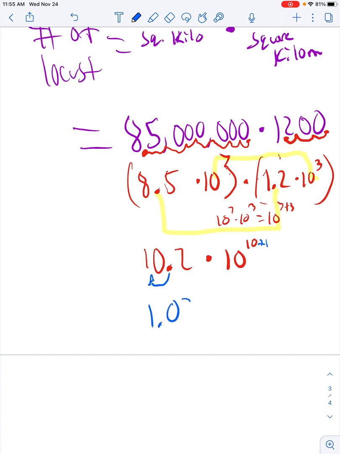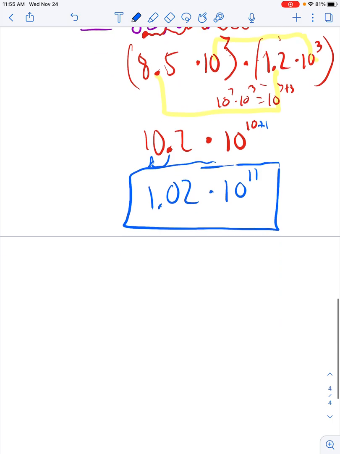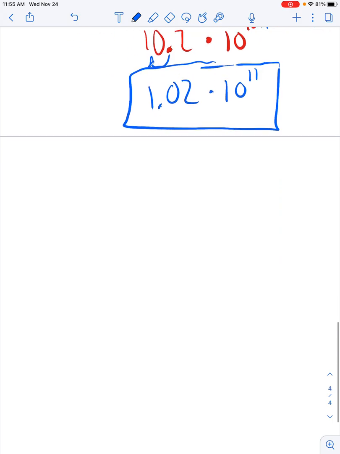So this is 1.02 times 10 to the 11th power. All right, so that was kind of a review of scientific notation. A few more simplifying expressions examples, and then we will be good.